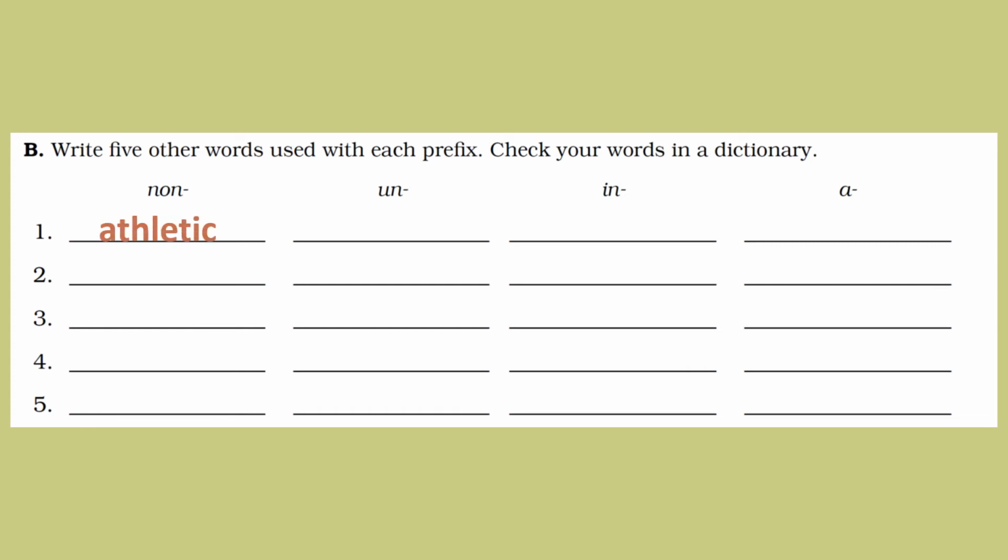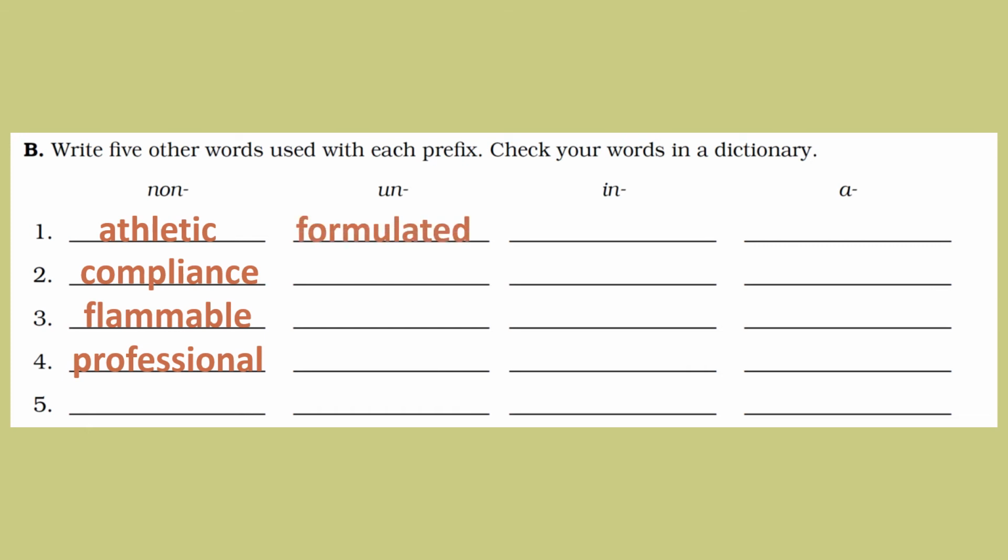With non, we have non-athletic, non-compliance, non-flammable, non-professional. Then we move to un, for example, unformulated, unimpeded, unlicensed, and the last one, unobtrusive. Then we have in, let's see some examples.